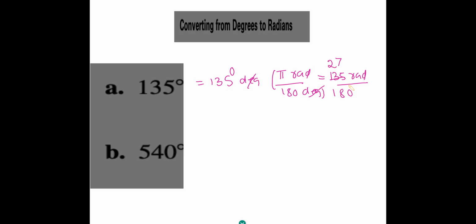So we have 135 degrees times pi radians over 180 degrees. The degrees cancel, so we get 135 pi radians over 180. We are just simplifying it. 5 twos are 10, 5 sevens are 35, 5 threes are 15, 5 sixes are 36. Further simplifying it, 9 threes are 9, 4 fours. So we get 3 pi over 4 radians.